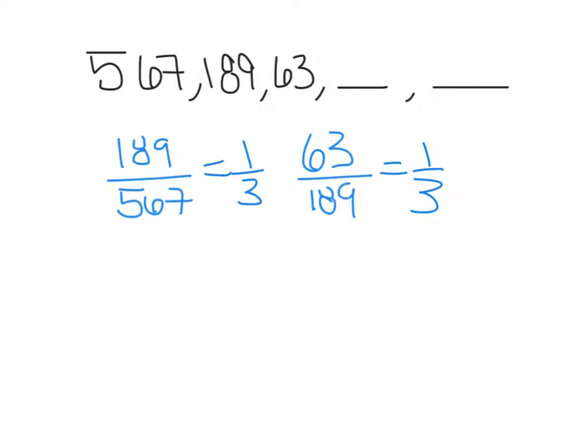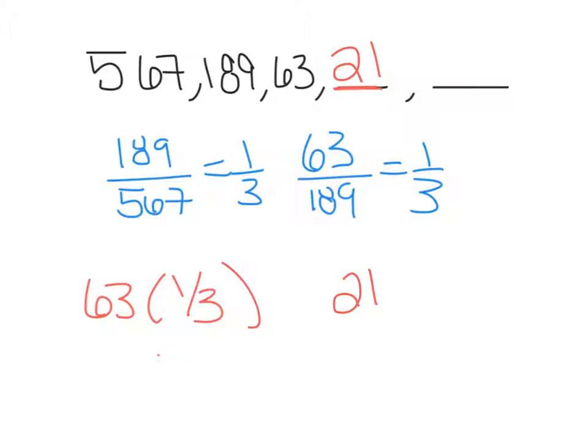So to find my next term, the one that goes right here, I'm going to take 63 and multiply by 1/3. 63 times 1/3 is 21, and then you're going to take 21 and multiply by 1/3, and you're going to get 7. So my next two terms were 21 and 7.